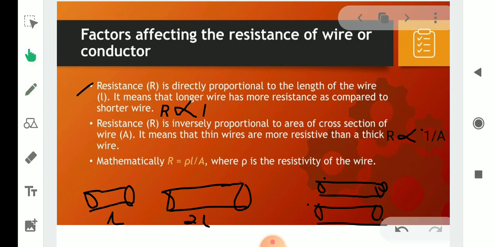Here it is a thin wire compared to this. So your area of cross section is more in the second case. Both are of the same length. Area is more in the second wire.